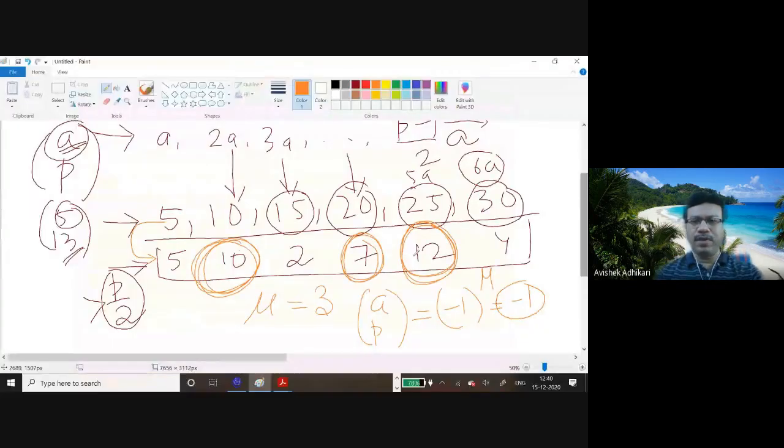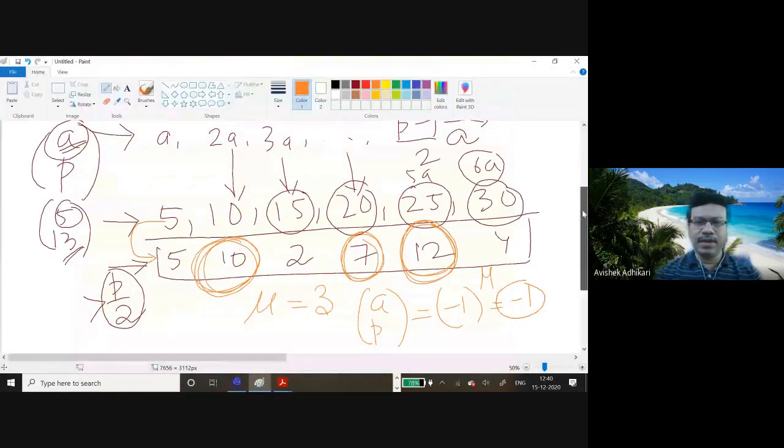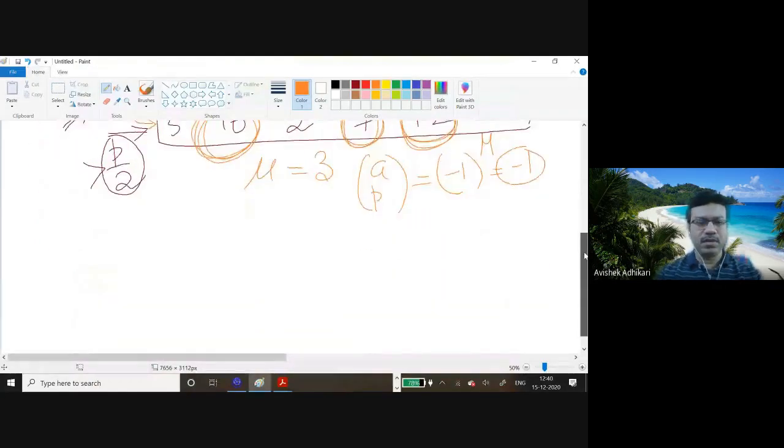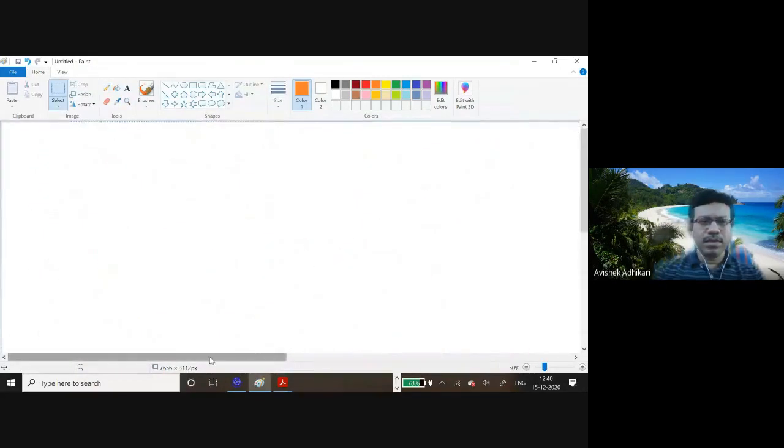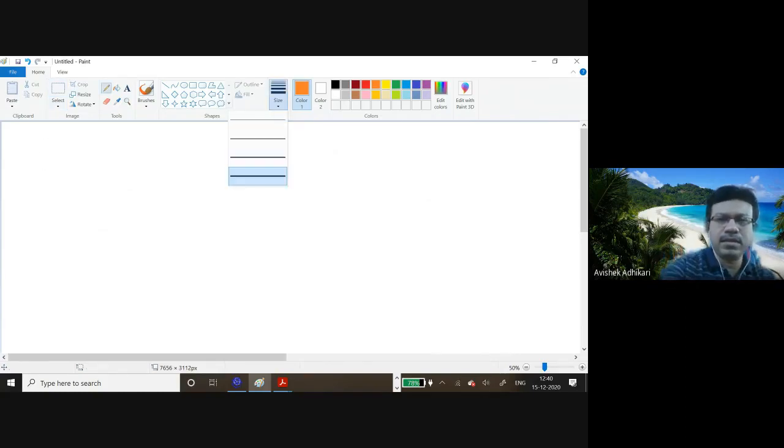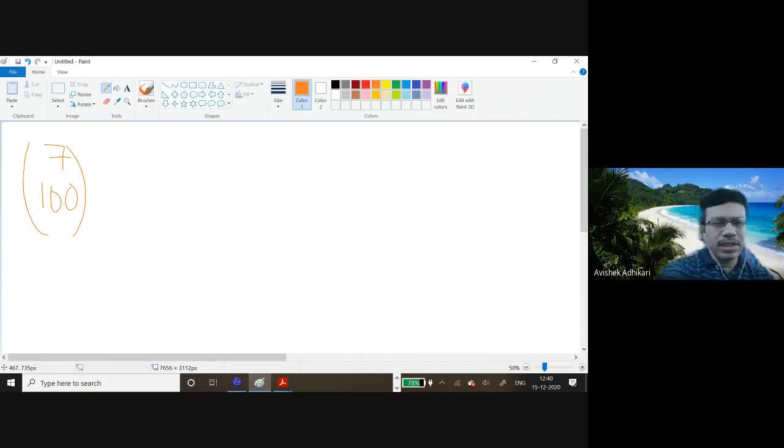So for example, if I have (7/n), you cannot say this is a Legendre symbol if n is not an odd prime.